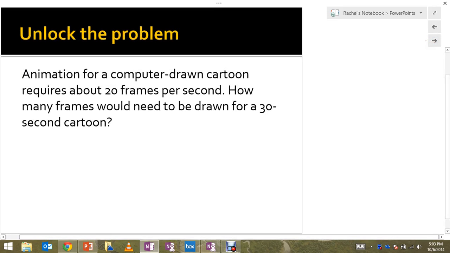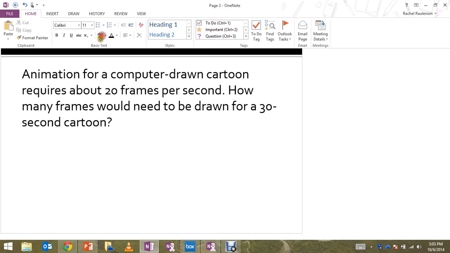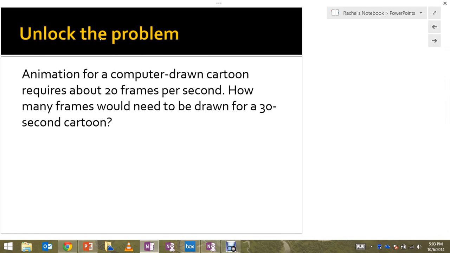So to start for today, we looked at 2 numbers. One at least had a 0 within it. So we had a 30-second cartoon and looking at 20 frames per second. So in this case, we're looking at 20 times 30.